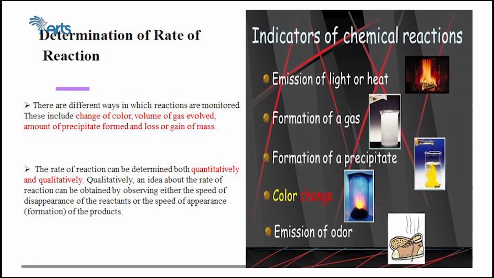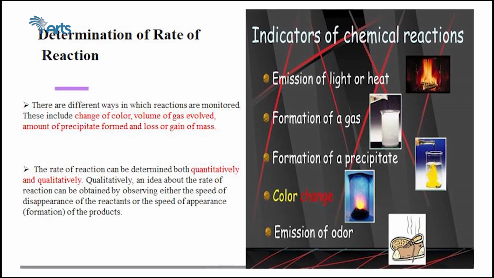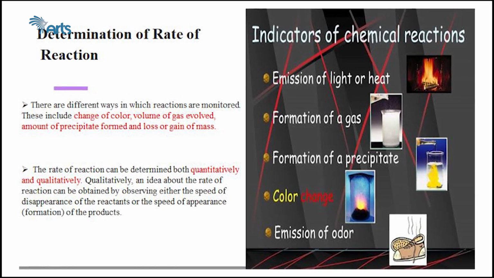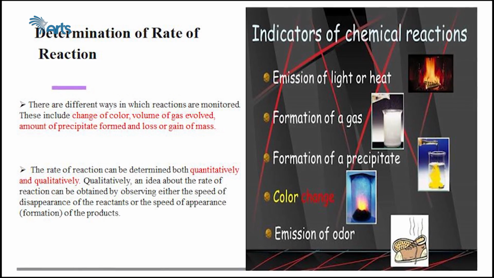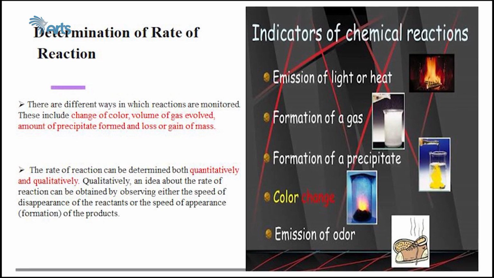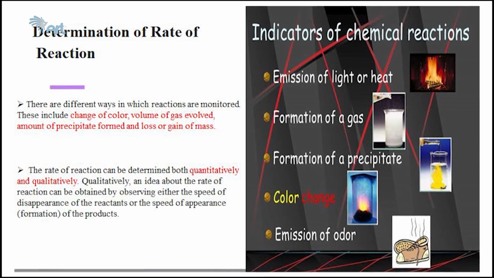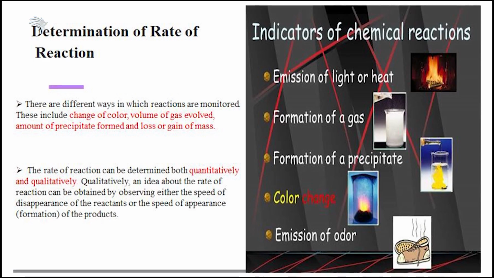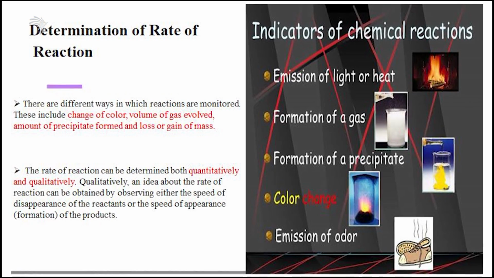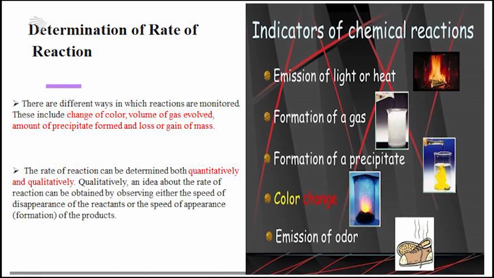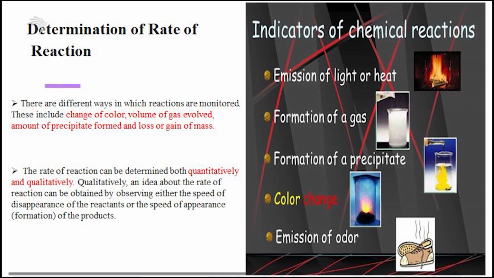Well, students can easily know by simply sensing the smell of ammonia. Ammonia has a very disgusting smell. So this can be regarded as one of the good examples of the indicators of chemical reactions.